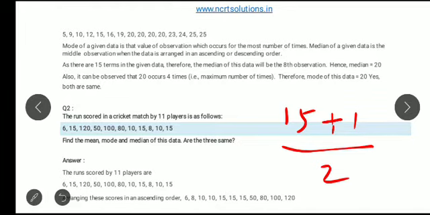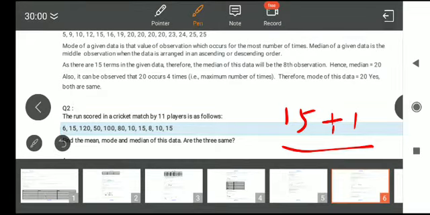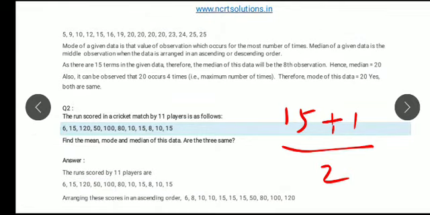So the 8th number. Counting 1, 2, 3, 4, 5, 6, 7, 8, the 8th number is also 20. So the median will also be 20. Got it clear?